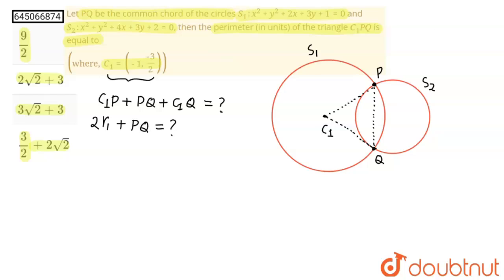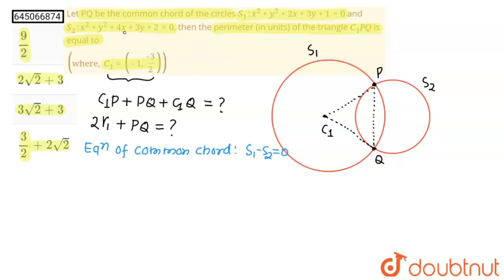Okay students, now I am going to find the equation of PQ. The equation of the common chord is S1 minus S2 equals 0.